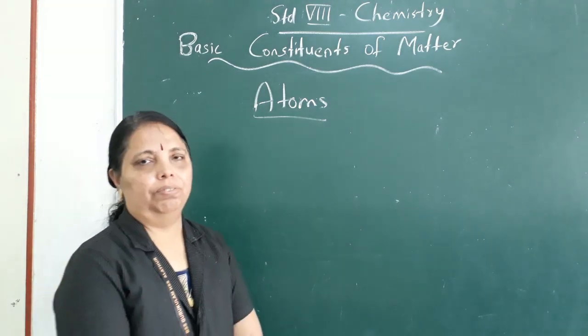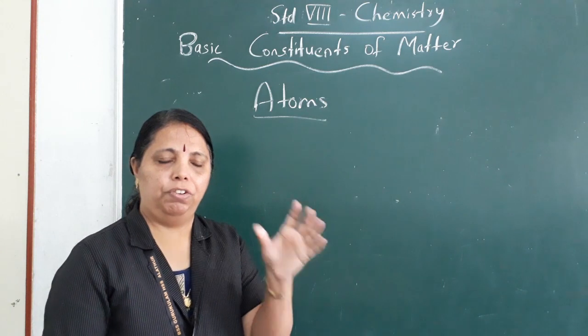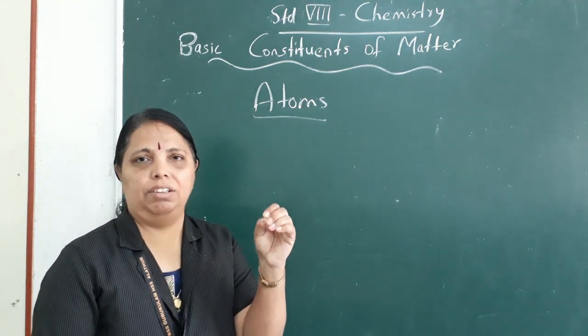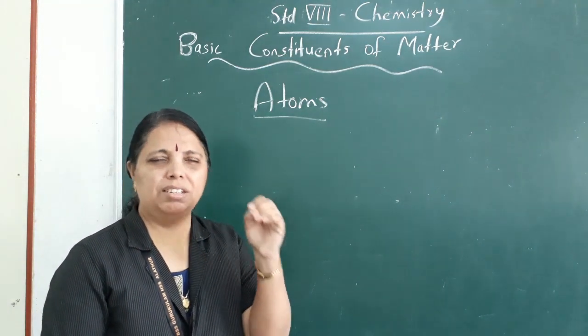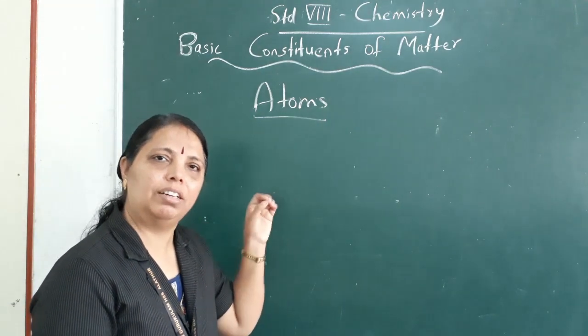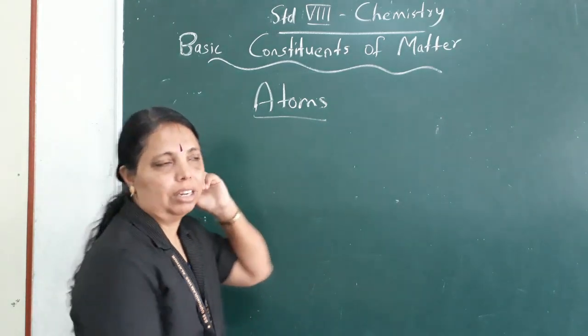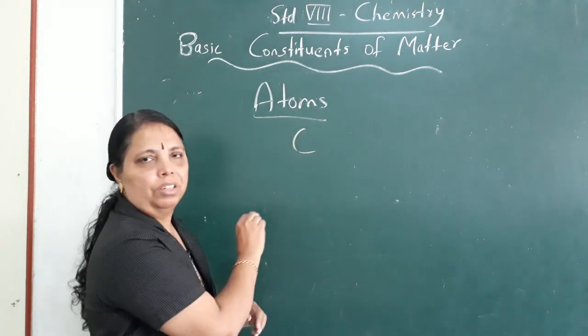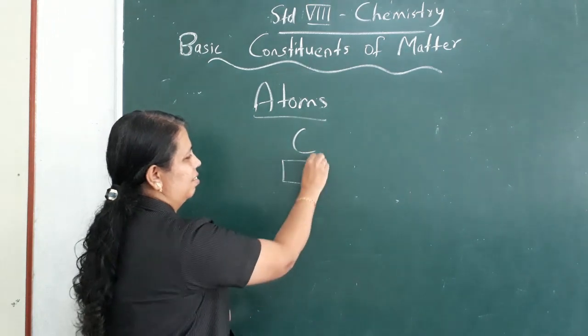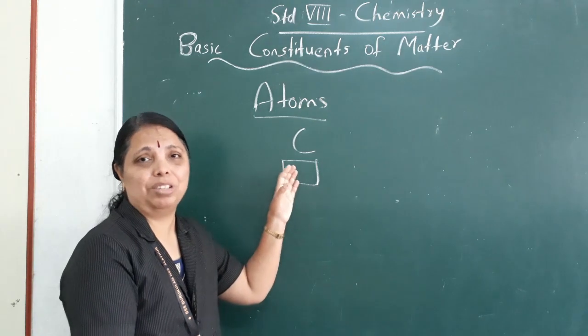Okay? Now, listen carefully for you all to understand it in a better, simpler way. Don't write all this in the file, just listen and understand what is an atom. Now I told you the symbol for carbon is C, right? Now suppose this is carbon, one atom of carbon. I mean element carbon, sorry.